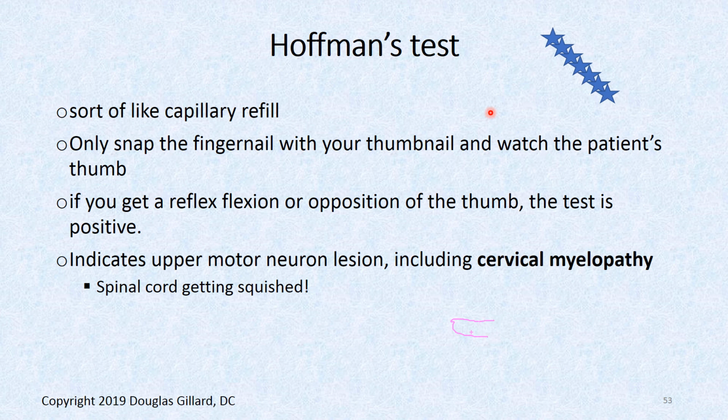Okay, there's a finger. There's the fingernail. So this time, I don't know if I can draw this. You're going to take your other finger, your thumb is going to support the base of this, and you're going to flick this down, like flick, flick, flick.